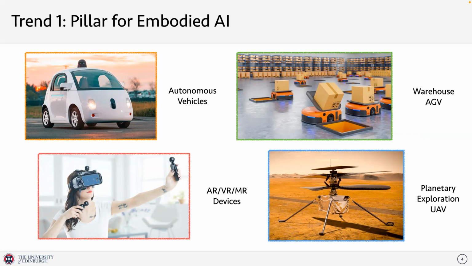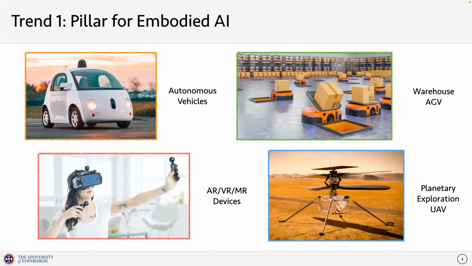For instance, a vehicle can't be called autonomous if it doesn't have a clue about its location or the obstacles around it. Similarly, an indoor AGV robot needs to navigate itself to the right entity or goods for manipulation and grasping. Of course, augmented reality and mixed reality devices are digitalizing our lives, but effective human-machine interaction in such a metaverse world relies heavily on spatial perception.